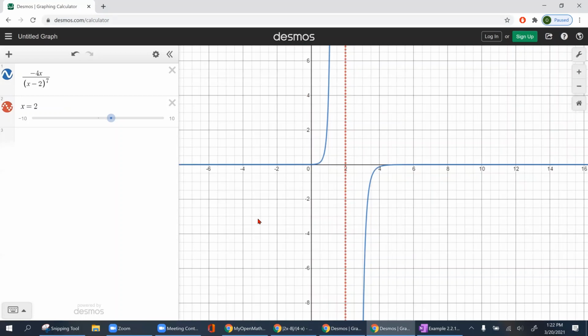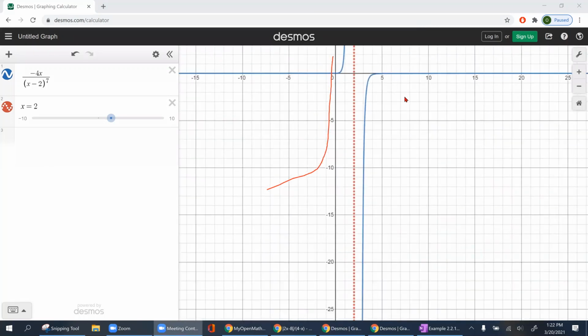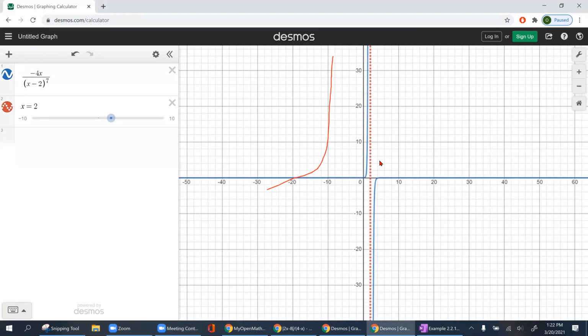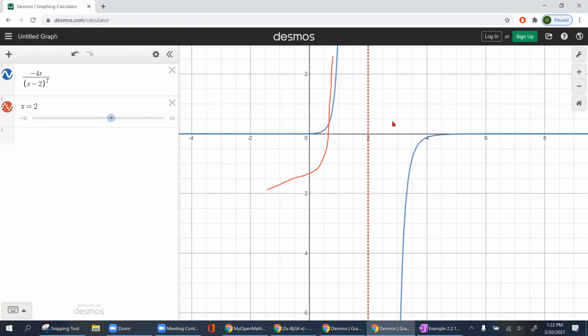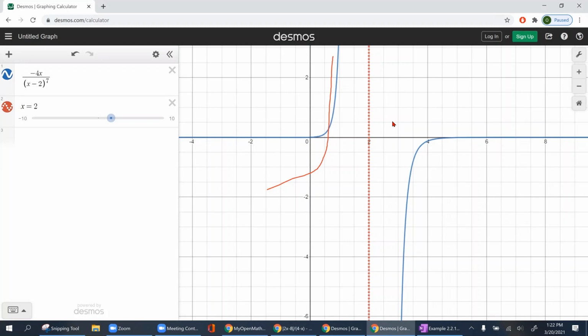So what we were finding here is what happens as you approach 2 from the left. This arrow starts approaching 2 from the left, and it gets very, very close to it. But in terms of y, is the arrow pointing upward or downward? If you're approaching it from the left, it's going upward, so that's going towards positive infinity.